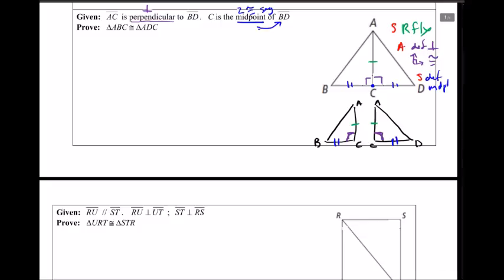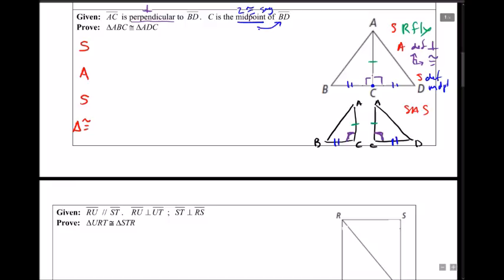And this looks to me like I am going to be able to use the side angle side postulate. So when I write my proof, I am going to make sure I have a side and an angle and a side, and then I'll be able to make my triangles congruent.